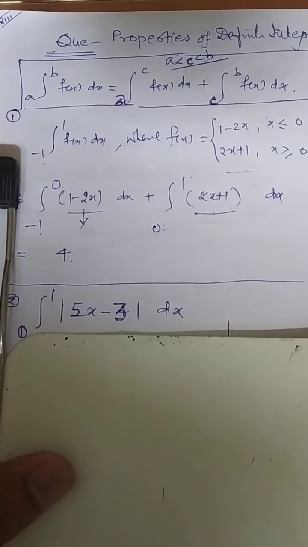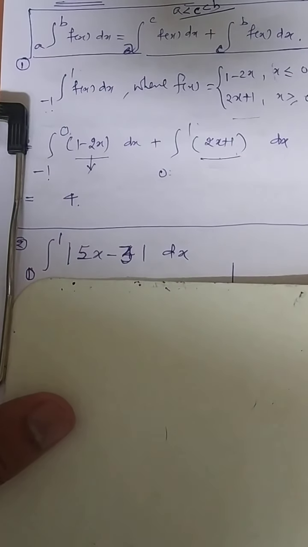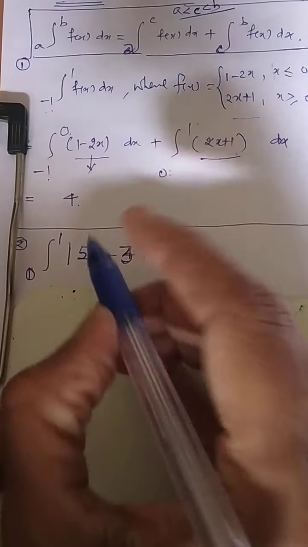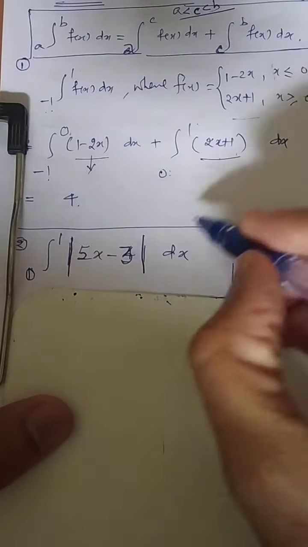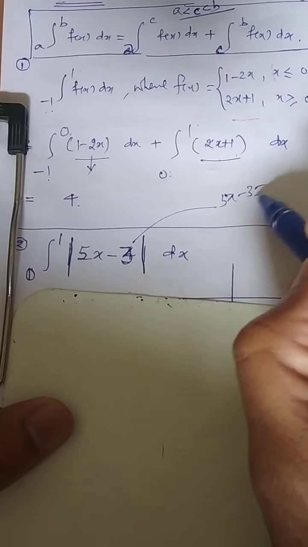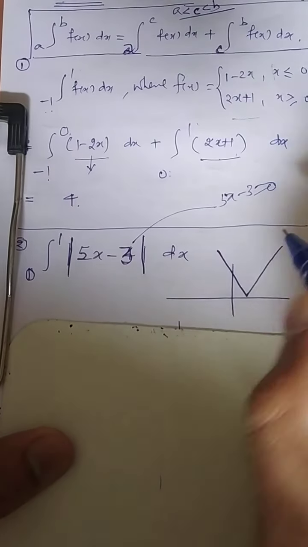Now this is also a question based on the previous one, but you cannot see why it is so, because this is a modulus function. We have not learned any technique of integrating the mod function, but the graph of mod x is known to you. This is equated to 0: 5x minus 3 will be equal to 0, x will be equal to 3 by 5. So the graph will be coming like this.